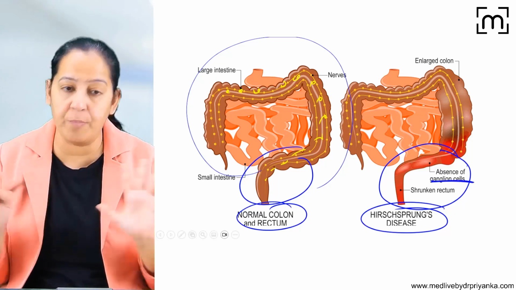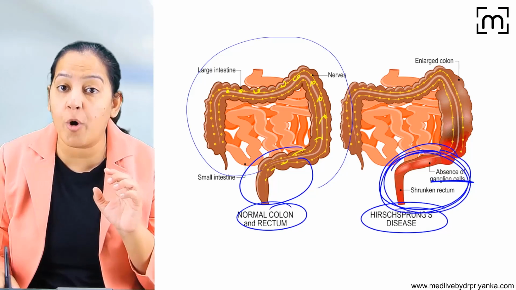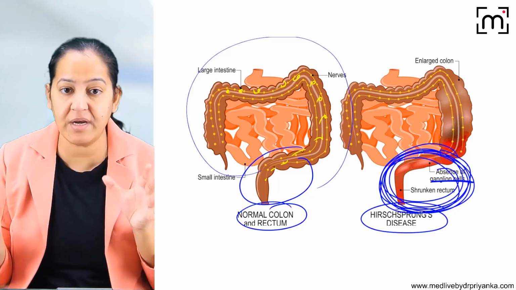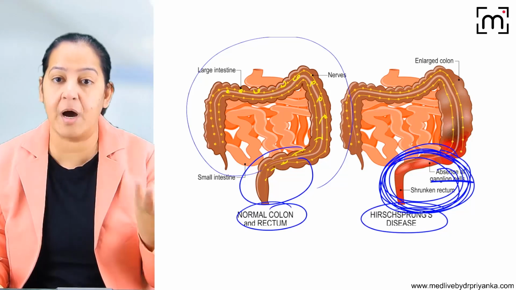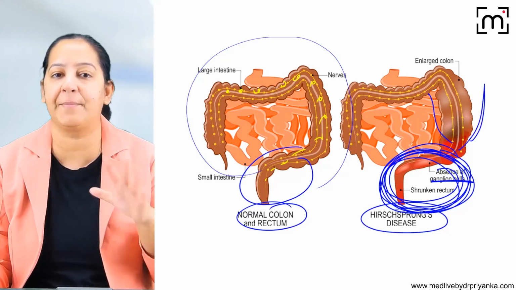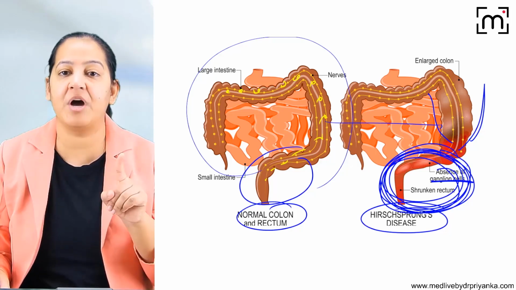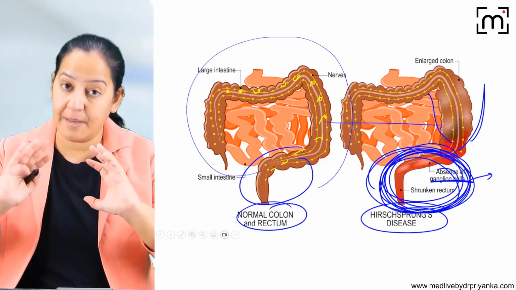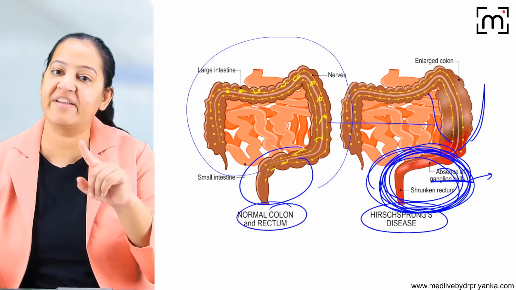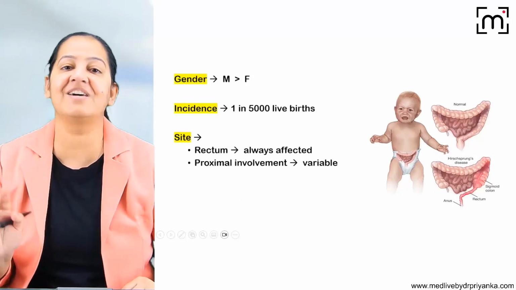That's why there is no peristalsis. Since ganglions are absent, there is no peristalsis. So there is functional obstruction in this portion. The lumen is very narrowed, so the portion just above that gets dilated, looking like megacolon. So this is Hirschsprung disease, in which a portion without ganglion is narrowed, and a portion just above that, which has the ganglion, is dilated in response to the narrowed portion.